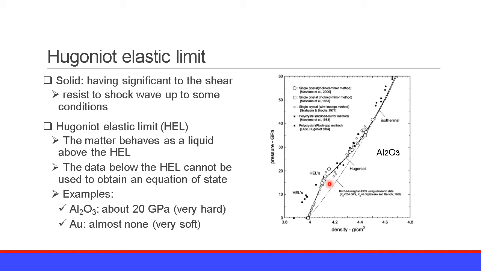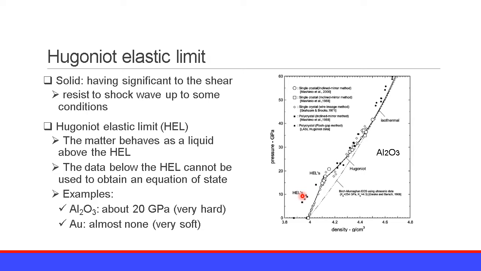So you can see there is a bending of the shock wave data as a function of density. So this bending is the Hugoniot elastic limit, and here density does not increase so rapidly, but pressure increases because of the resistance of the solid.